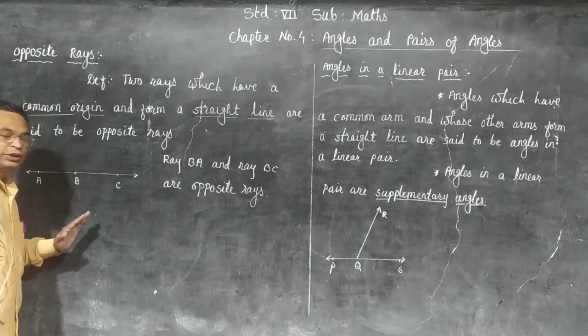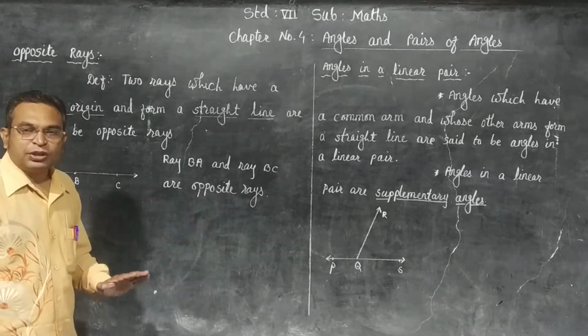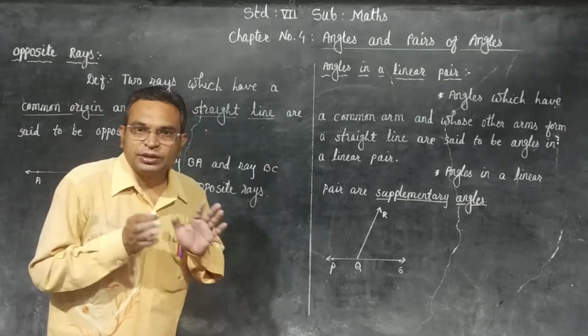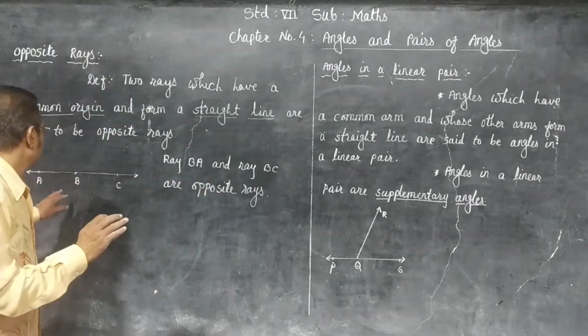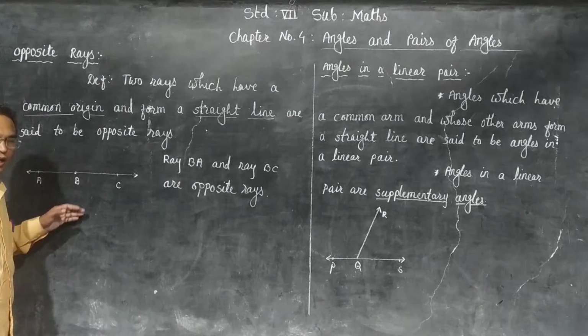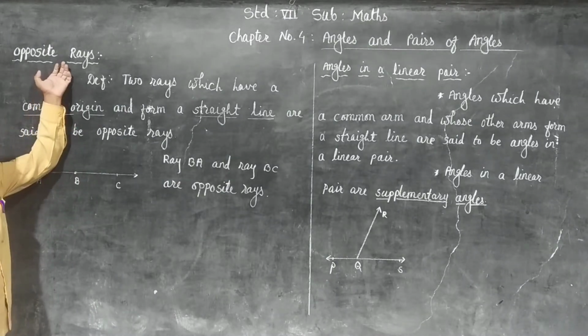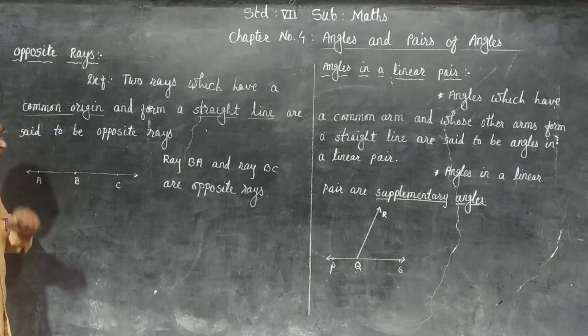Wherever we see rays that form a straight line, those rays are opposite rays. Okay.